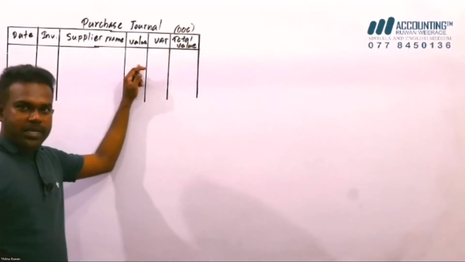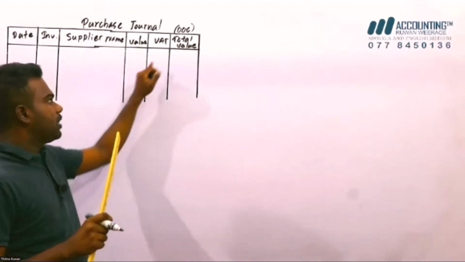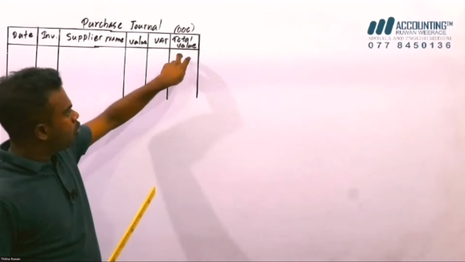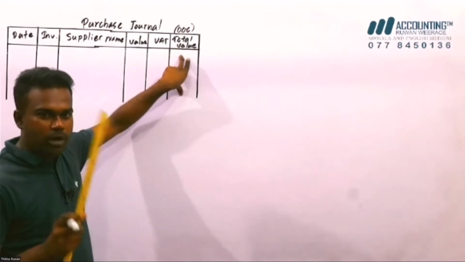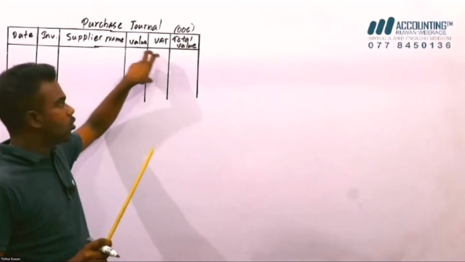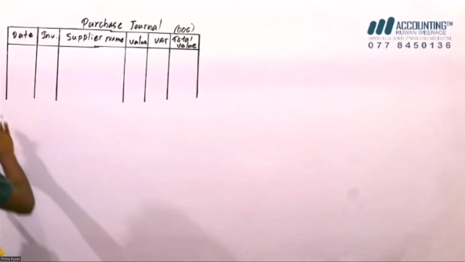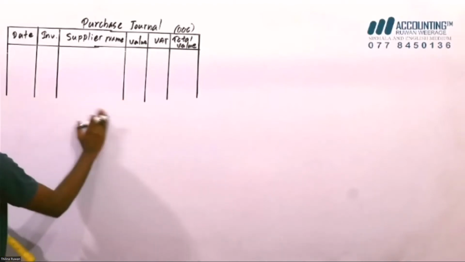In the value column we record the amount without VAT. Then the VAT amount goes in the VAT column. The total value column is the total of the value and VAT columns. Understood? Right. So next, return outward journal, same as this one.